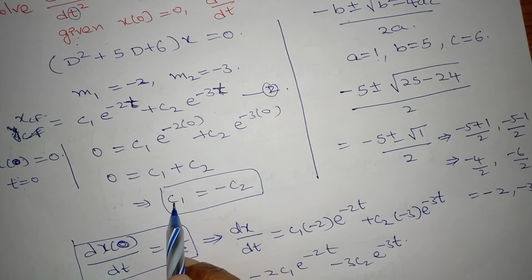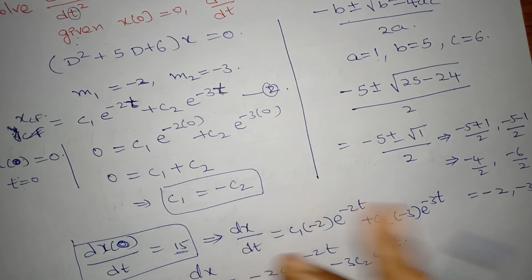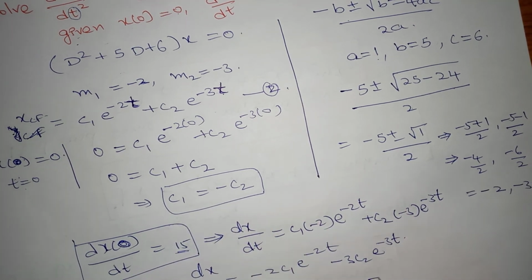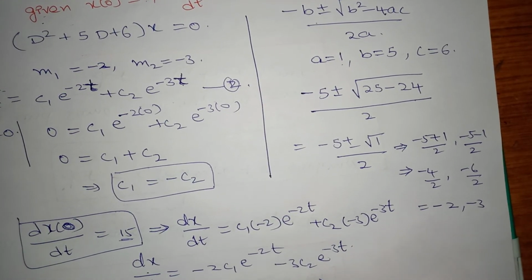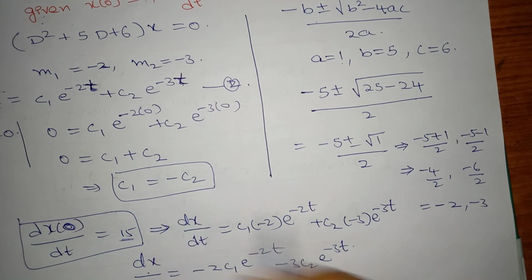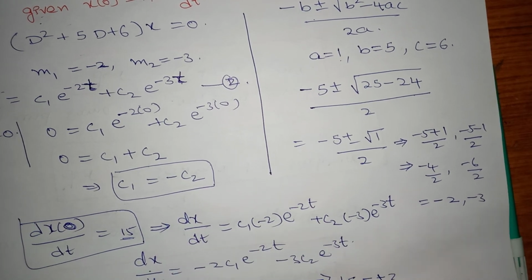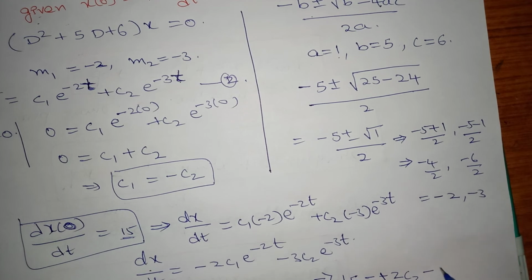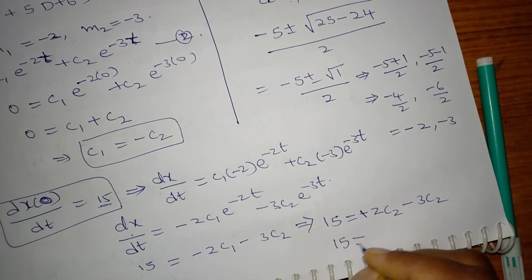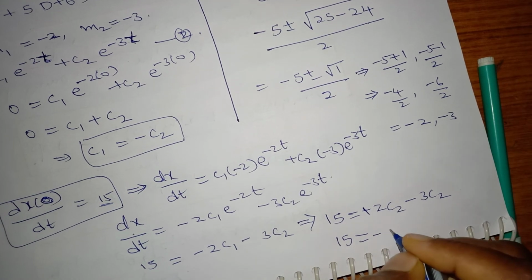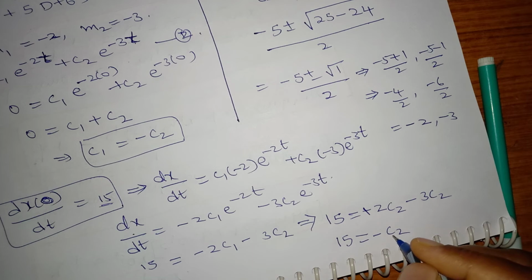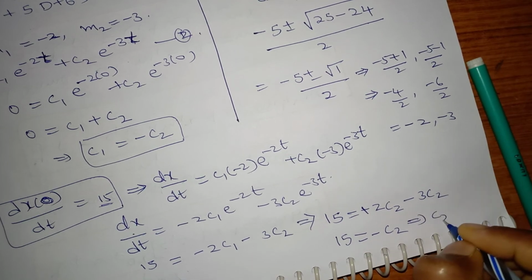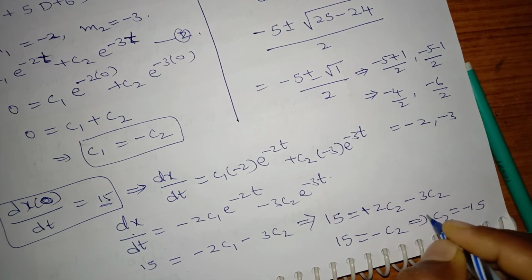Now substitute c1 equal to minus c2 in this equation. 15 equals minus into minus plus 2c2 minus 3c2. Now solve this. We have 2c2 minus 3c2 will be minus c2. So we have c2 equals minus 15.